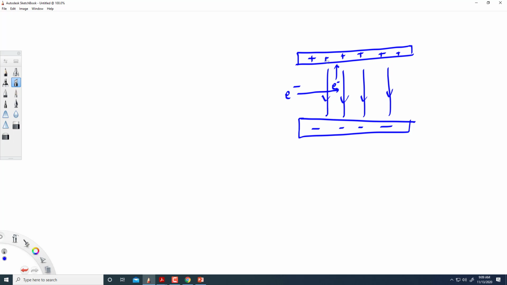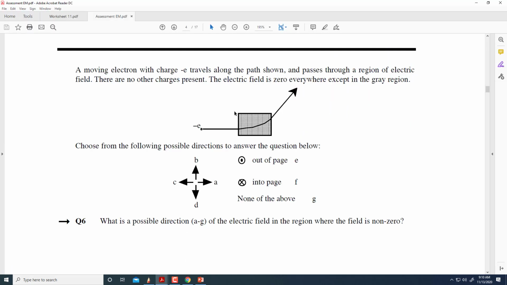Because the positive will attract the negative. So when it's going straight, it will be pulled up because we have positive charges on the top. So it will be pulled up. Yeah, that's the right answer. So the electric field is pointing down. So that is due to the electric field.